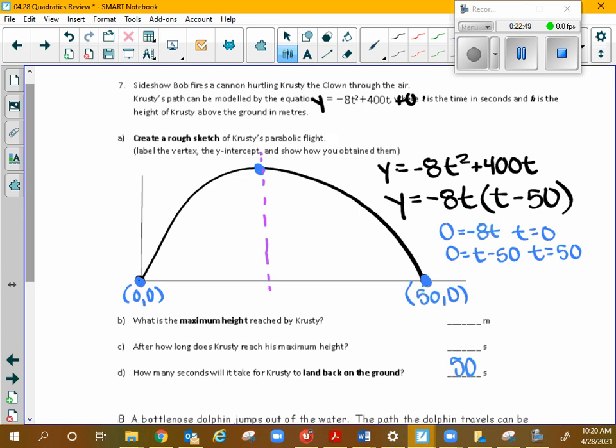What's the center? 25. So what does that tell me as far as my questions? Okay, my vertex, but is that the maximum height? Is that how long after Krusty will he reach the maximum height? Yes. That's how long it takes him to reach his height.